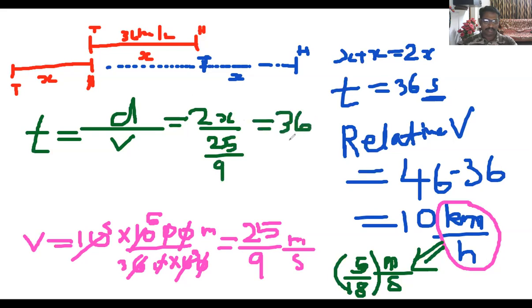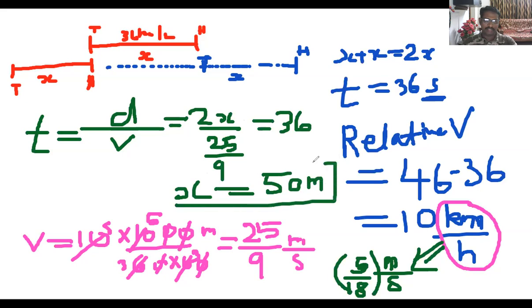When you solve this, x will be 50, and this 50 is in meters. So your answer is 50 meters. The length of each train is 50 meters.